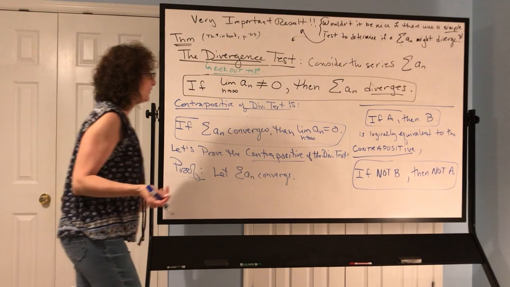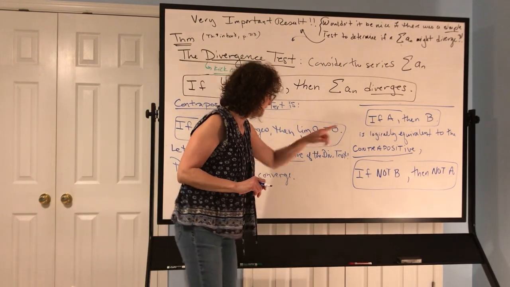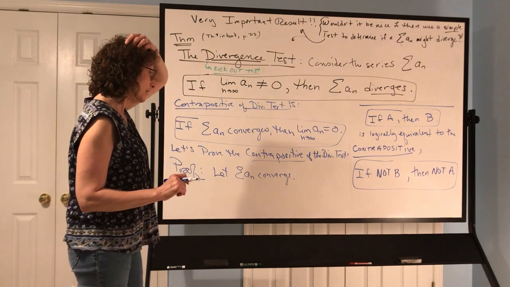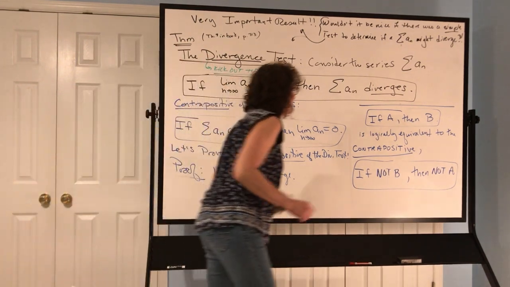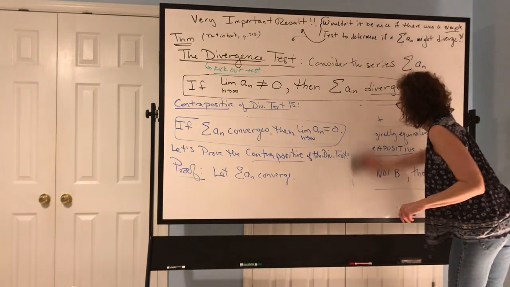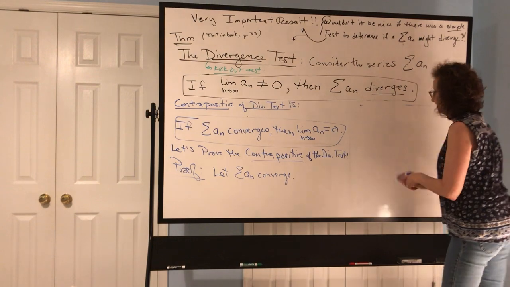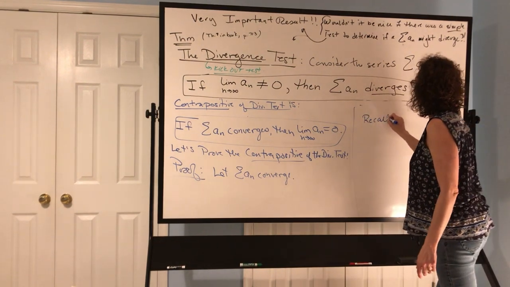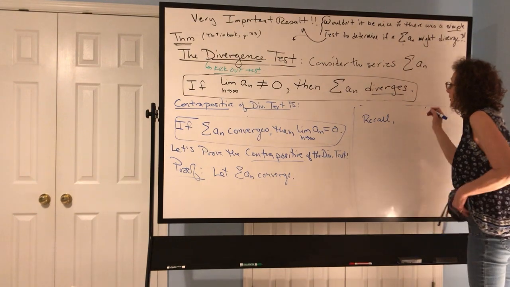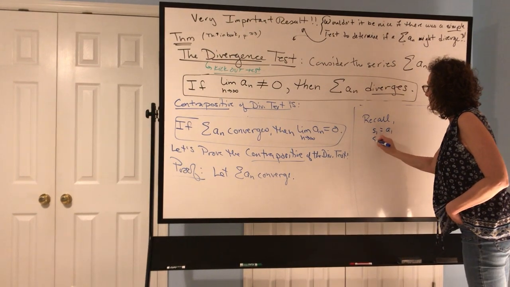Okay, well now we're going to have to find a way to get this term in here, a sub n, so that we can think about that limit. So let's come over here to the side for a second. Recall, remember when we were doing this, S1 is A1, right?